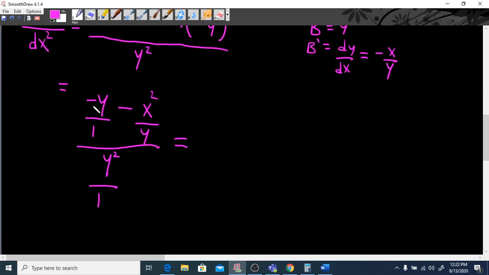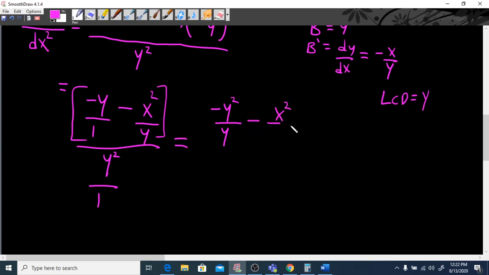Okay. Now, I'm going to work with this. We have two fractions with different denominators, so we need to get a common denominator. Least common denominator is going to be y. And we need to multiply the top and bottom of term number 1 in the numerator by y. Okay? So if we do that, we'll get negative y squared over y, if I multiply top and bottom by y, minus x squared over y, over y squared over 1.